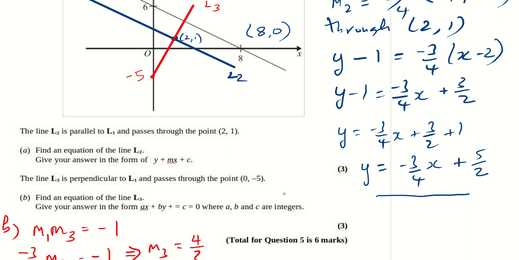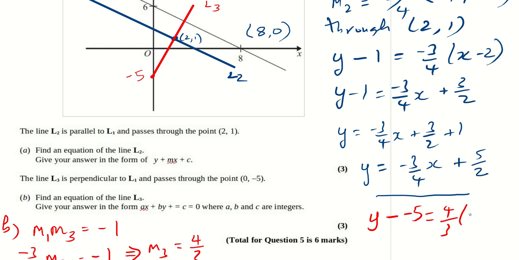It goes through the point (0, minus 5). So we can very easily write the equation as y minus minus 5, that is y plus 5, equals the gradient 4/3 times x minus the x value at the point it goes through.